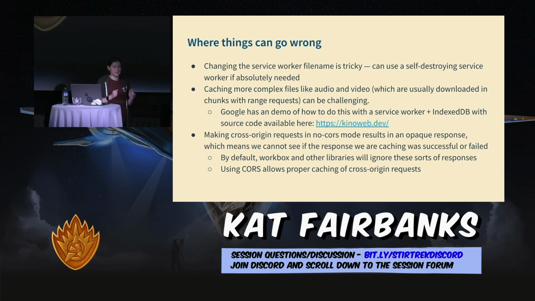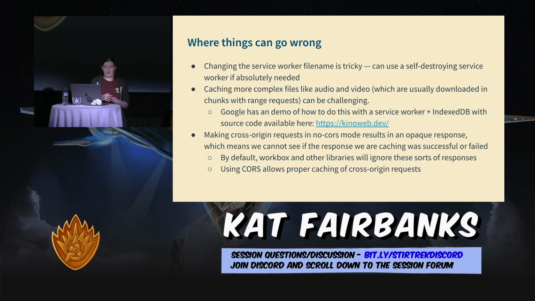So if you're changing build tools, for instance, and you want to stick with the service worker name that comes by default, so it's going to change a little bit, you can use a self-destroying service worker if needed, and you can get around that. But keep that in mind. Try to pick one name and stick with it.